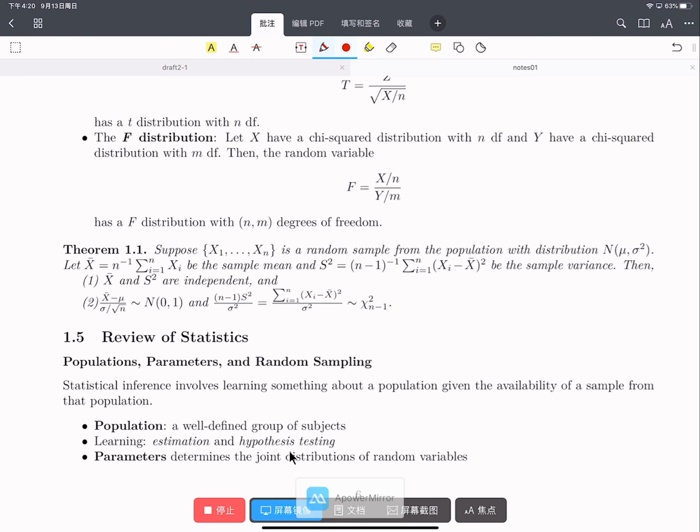So we want to estimate it or do a hypothesis test from the data that we collected from the population. Okay? So the parameters are what we primarily study in statistics.